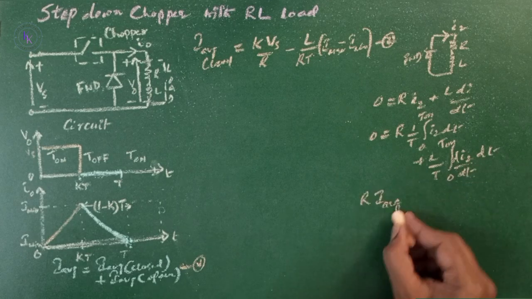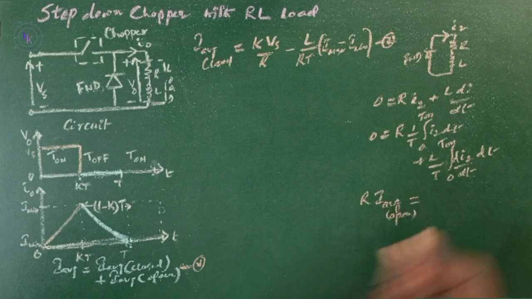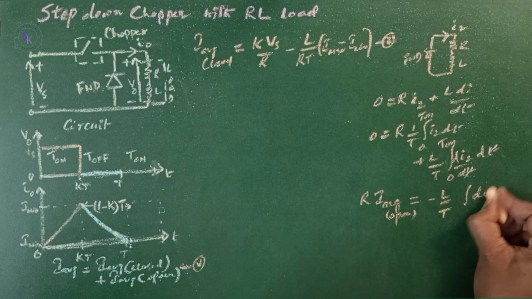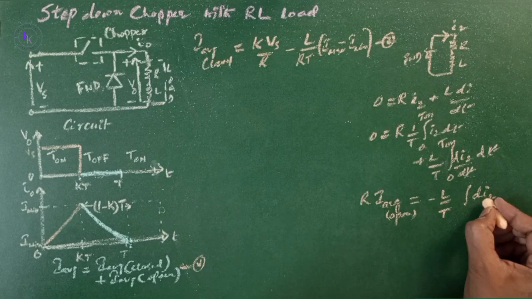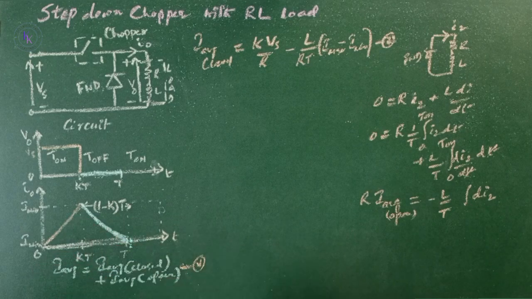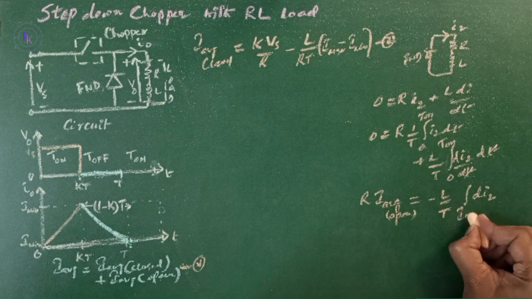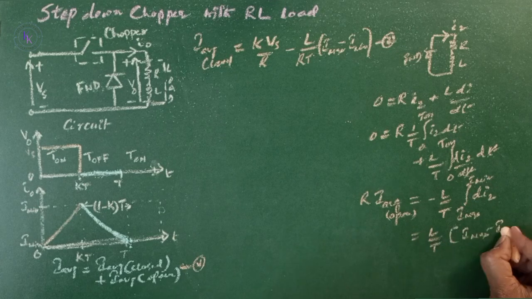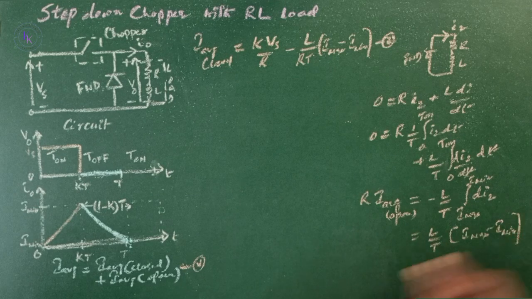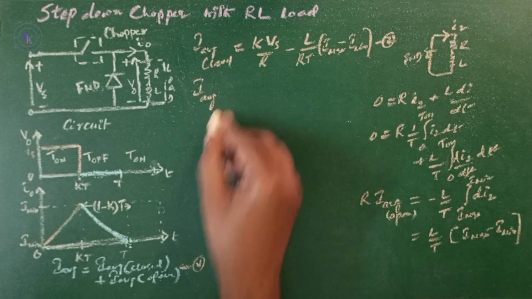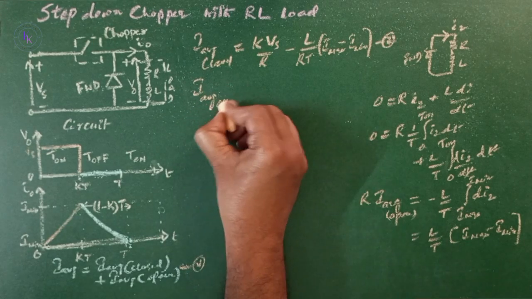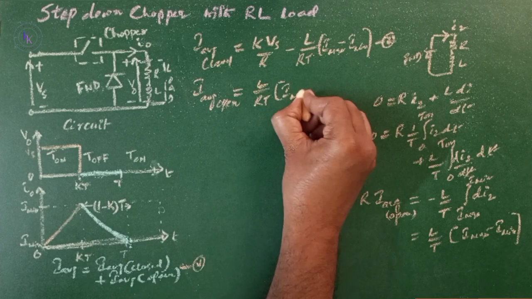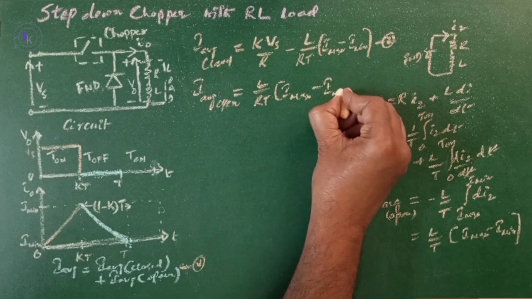R times I average when the switch is open equals minus L by T integral di2. I2 is coming from the peak to the initial position, then I max to I minimum. Then you'll be getting L by T of I max minus I minimum. I average when the switch is open is given by L by RT of I max minus I minimum.